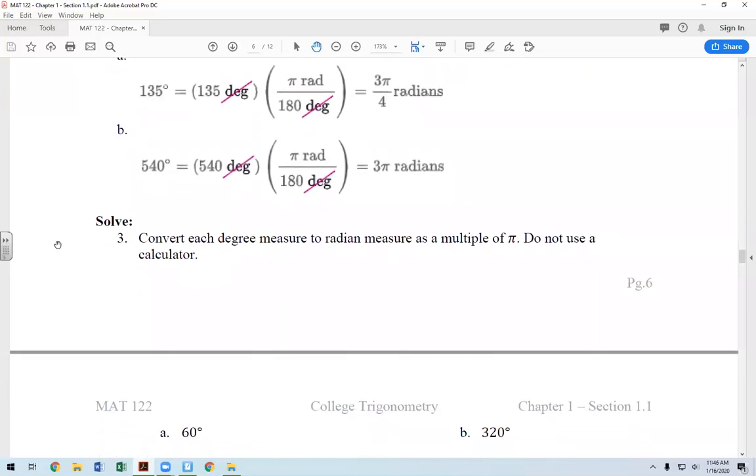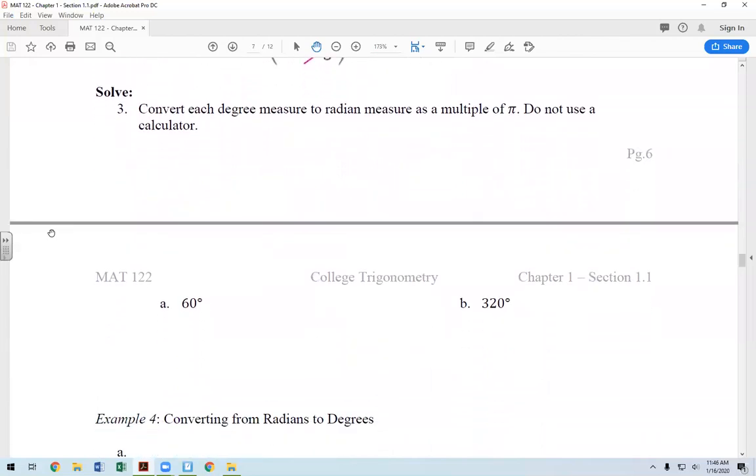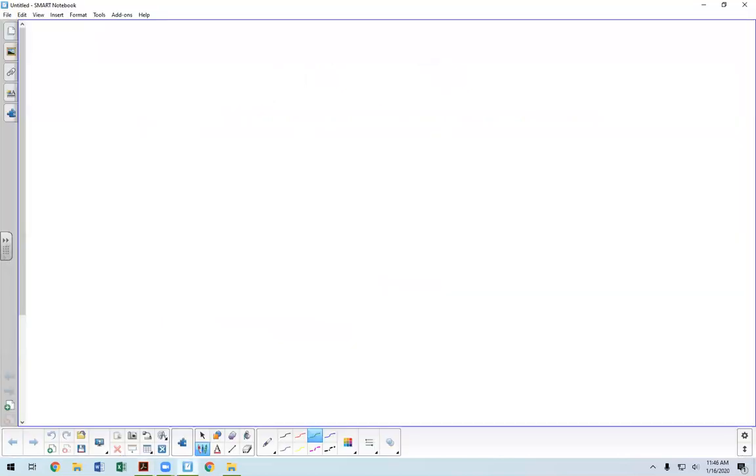So let's go ahead and take a look at our example here. Again, I'm specifically saying don't use a calculator. You can if you want to simplify your fractions, but not as decimal answers. So what do you think those 60 degrees will end up being in radians? Yeah, we actually looked at that. This guy is like 3a.